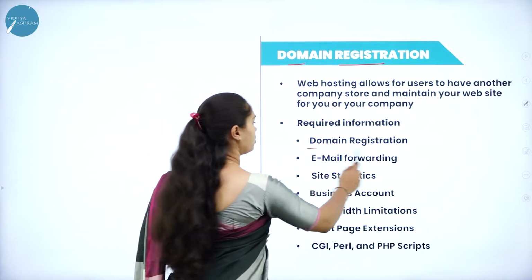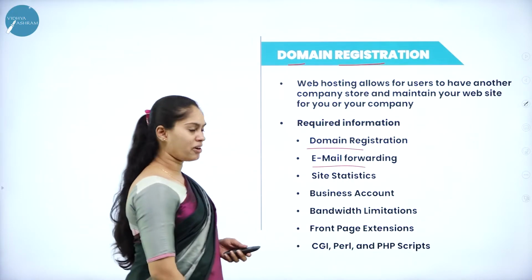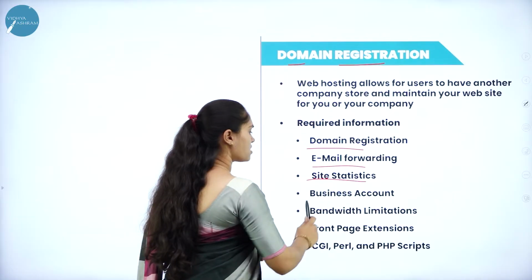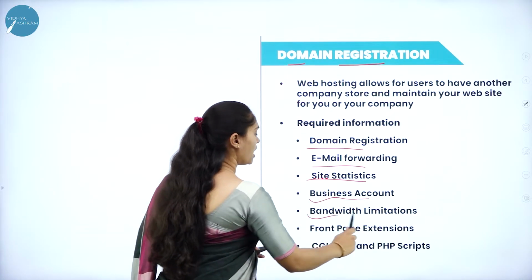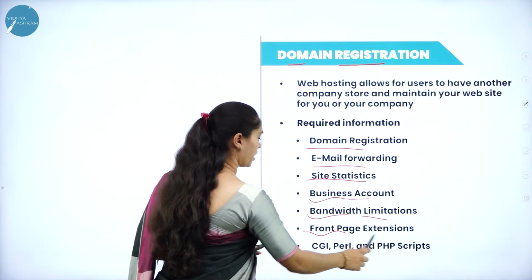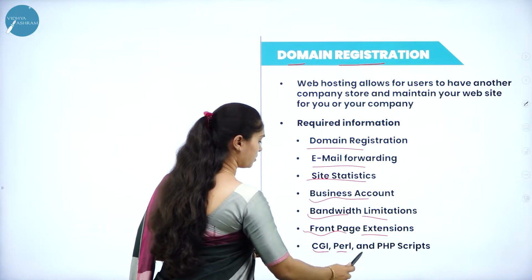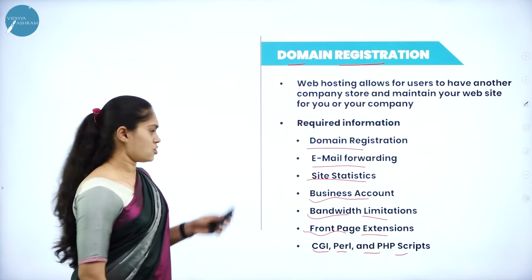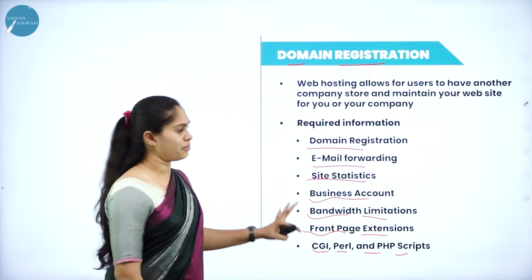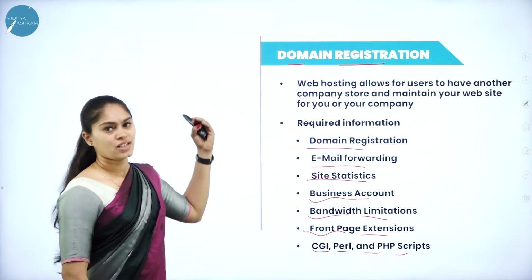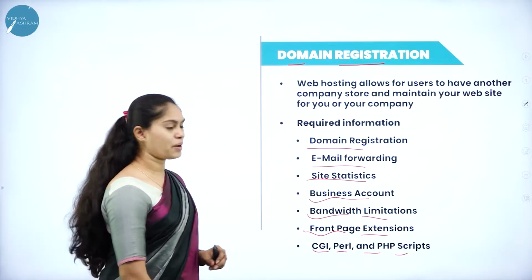They will require domain registration, email forwarding, site statistics, business account, bandwidth limitations, and FrontPage extension, CGI, Perl, and PHP script. So these are the required information in order to own my domain with the help of this web hosting.